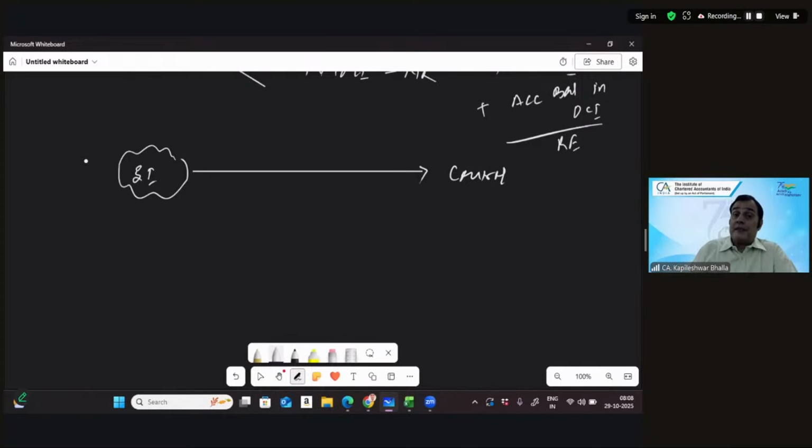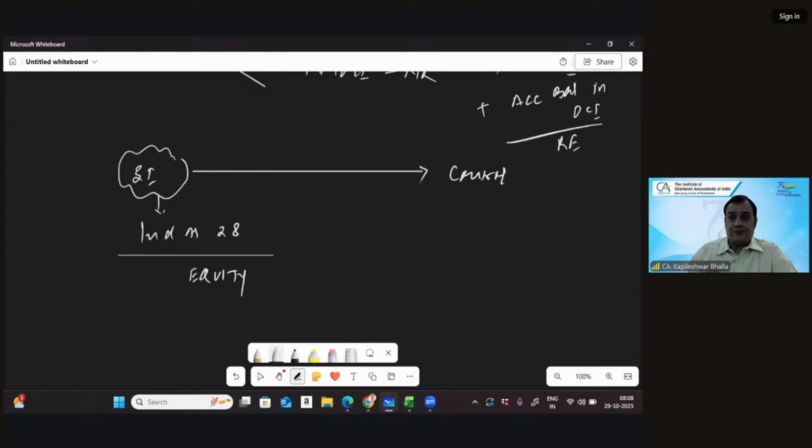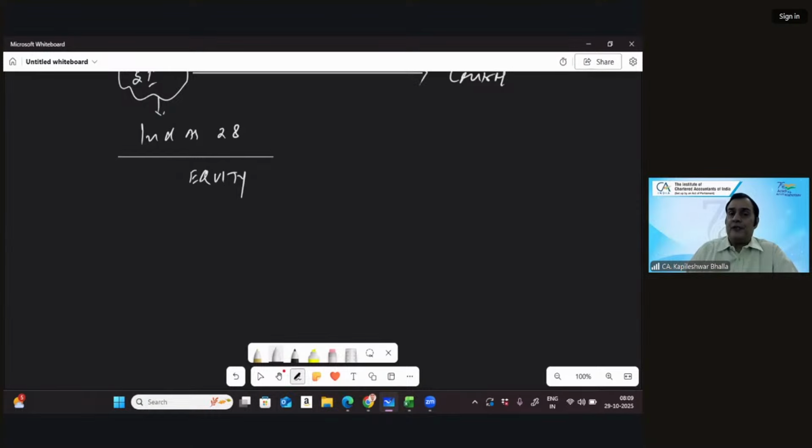Now, when you were having significant influence, you were covered under Ind AS 28. And in this particular case, we would have accounted under the equity method of accounting. And now in this particular case, I would say that you need to go through 3 stages.